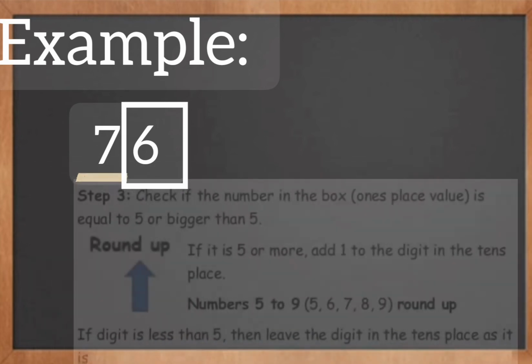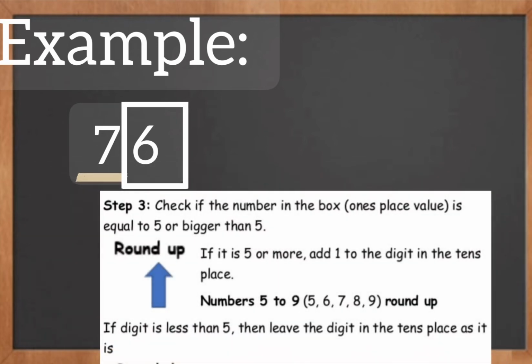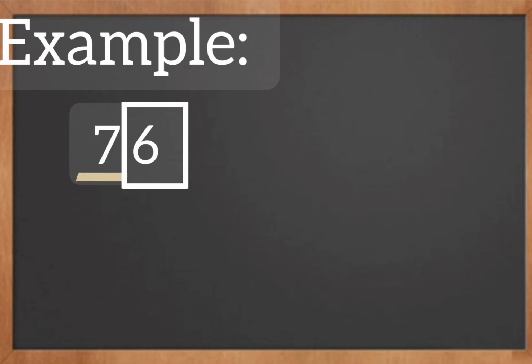Step 3, check if the number in the box, which is in the ones place value, is equal to 5 or bigger than 5. So let's look at the number in the box. It is 6. So is it equal to 5 or bigger than 5?